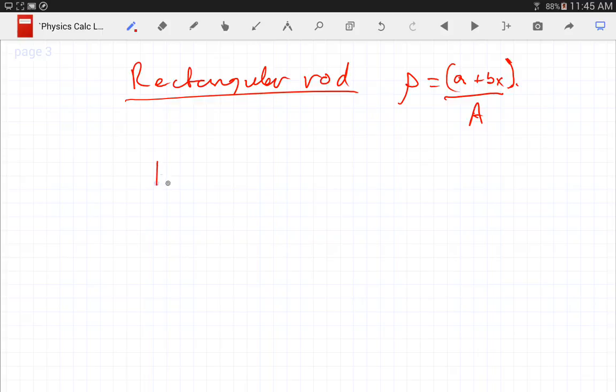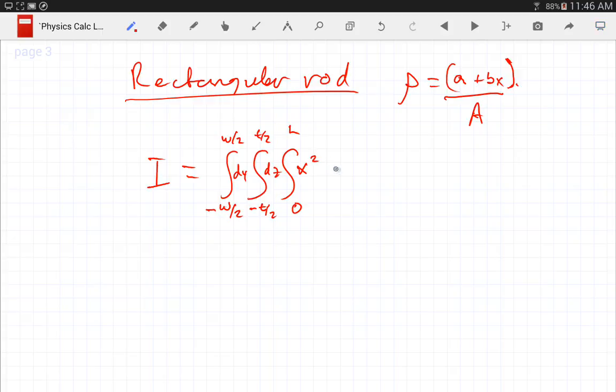So that's a conversion back to something that's volumetric using the same definition I had before. And now when I do my integral from minus width over 2 to width over 2 dy, minus thickness over 2 to thickness over 2 dz, and then I have my 0 to L. My r perpendicular is still going to be x, so x squared.